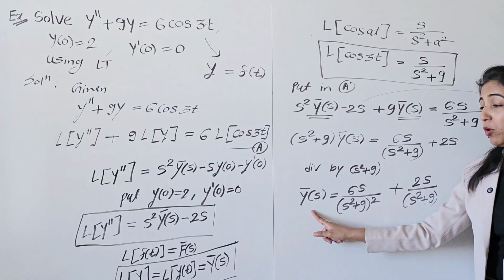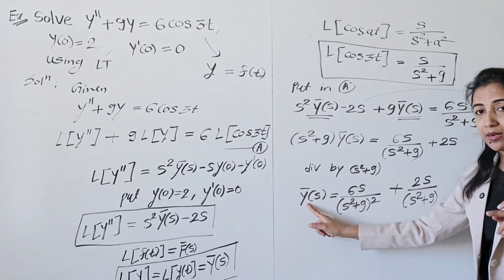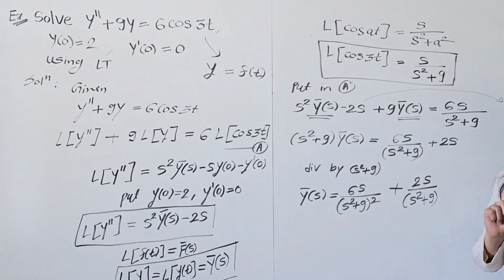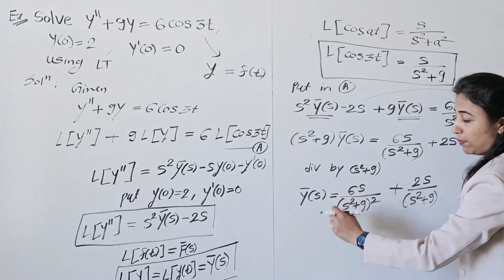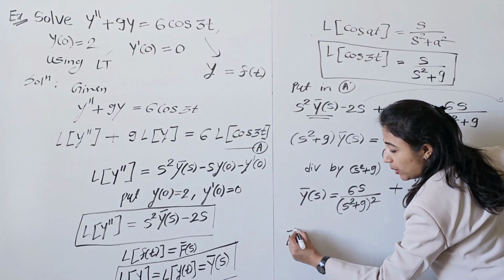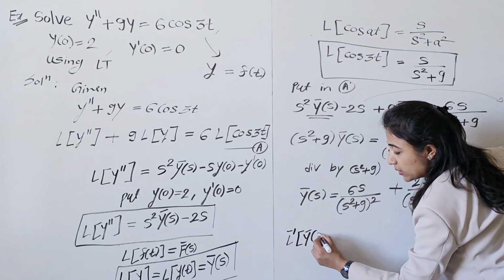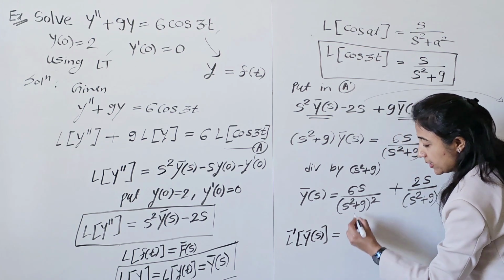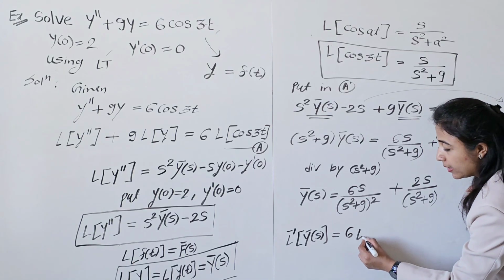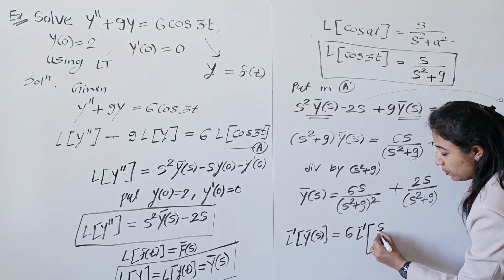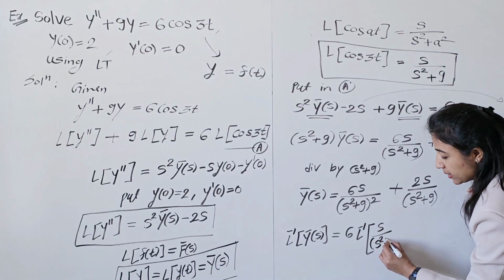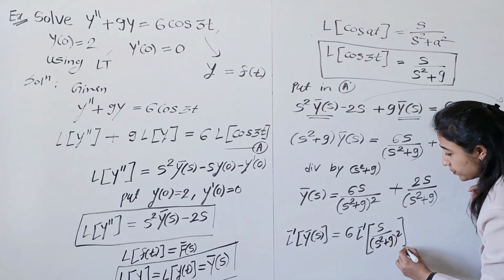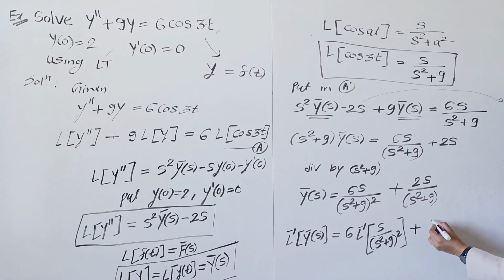So after simplification apply the Laplace inverse on both sides. We get Laplace inverse of y bar of s equal to 6, a constant, taken outside, Laplace inverse of s upon s square plus 9 whole square, plus 2, again a constant taken outside, Laplace inverse of s upon s square plus 9.